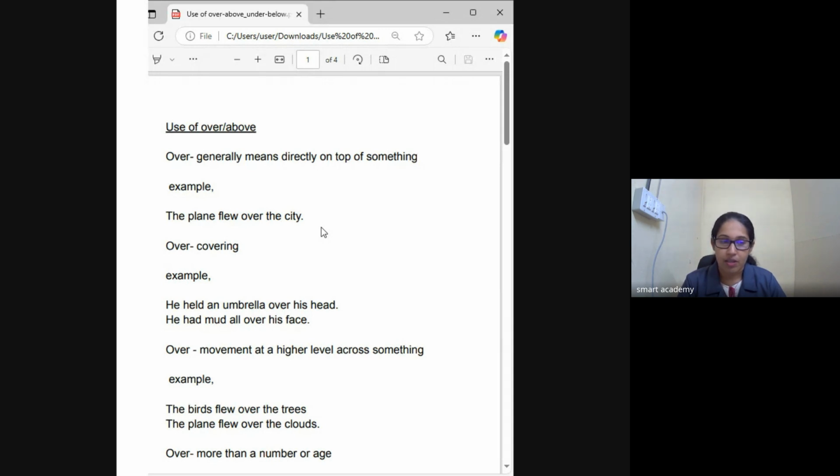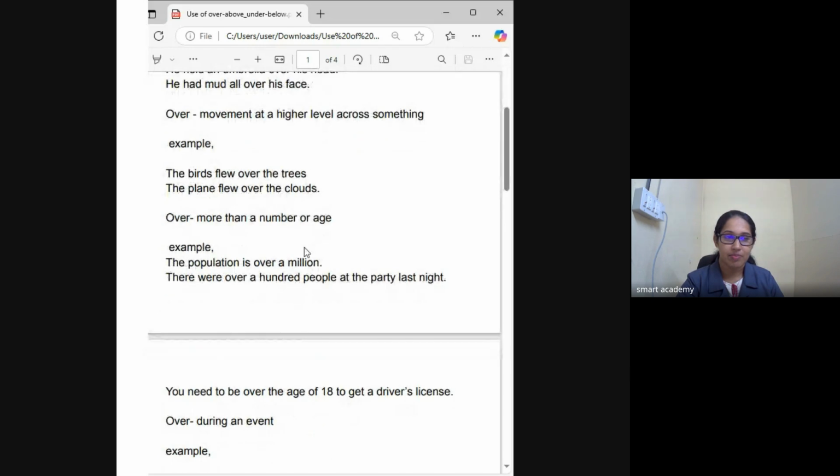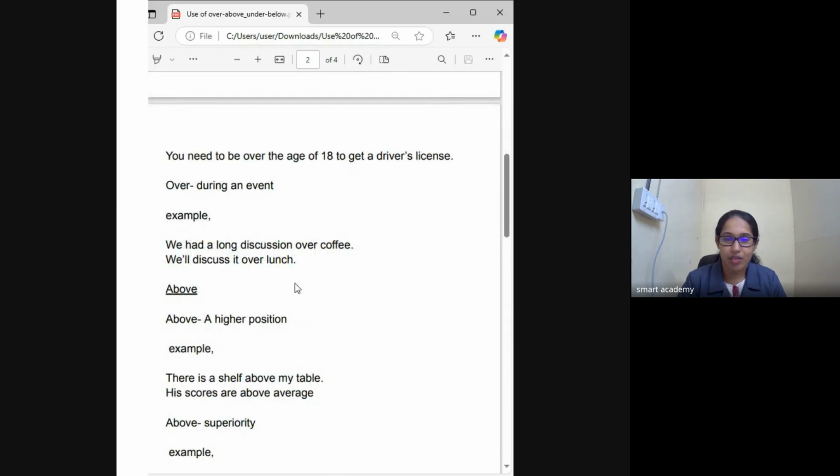The next one is more than a number, age, amount, whatever it is. Over also shows during an event. The next, above, we discussed, is at a higher position, at a higher level.